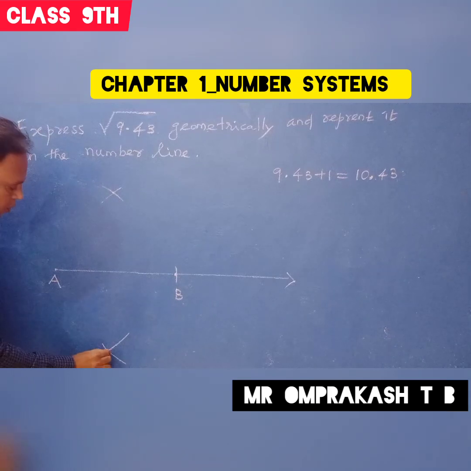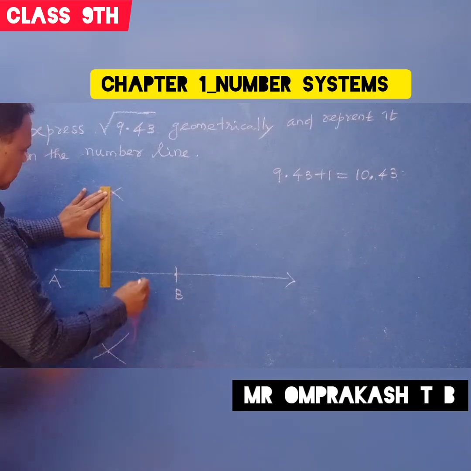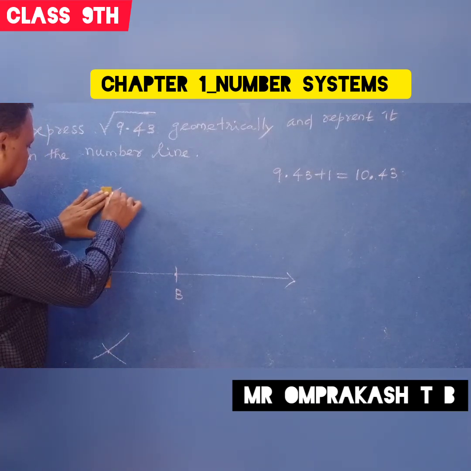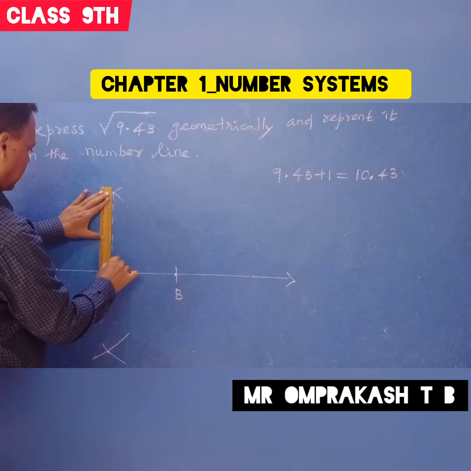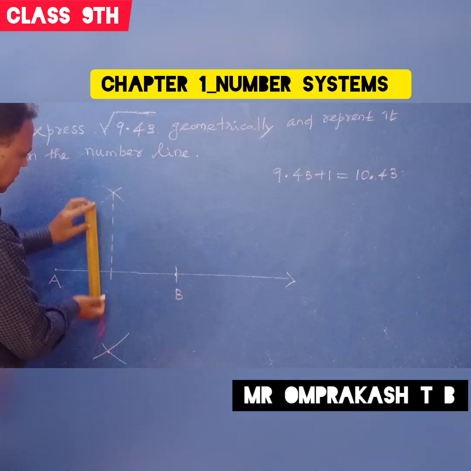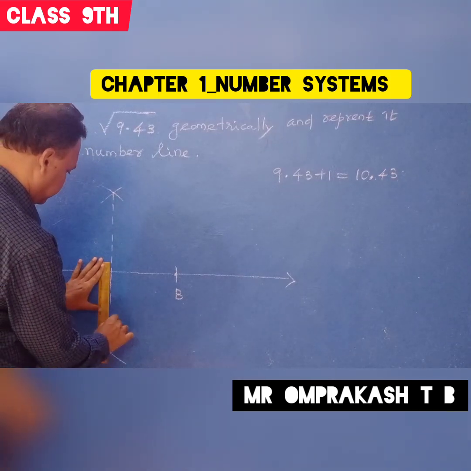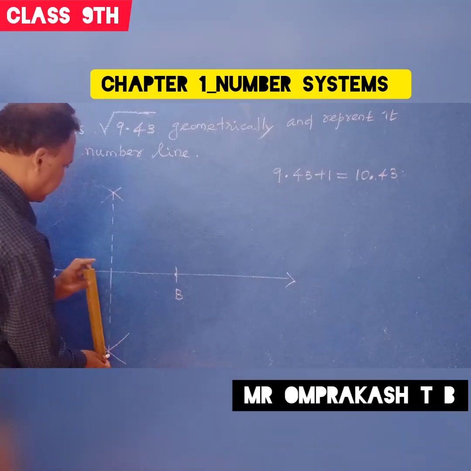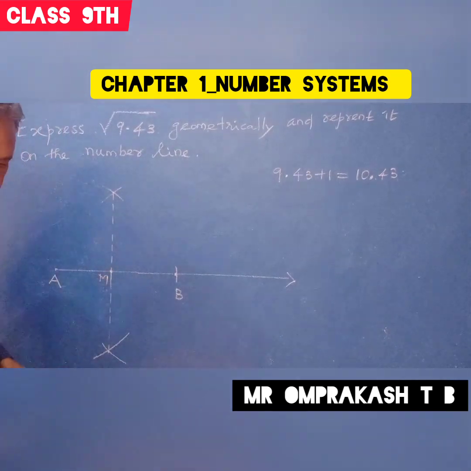When you join these points, you will get the perpendicular bisector of this line. The point where it meets AB is known as M. Mark it as M.